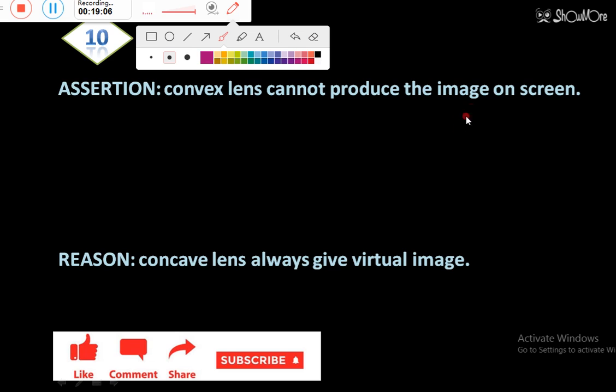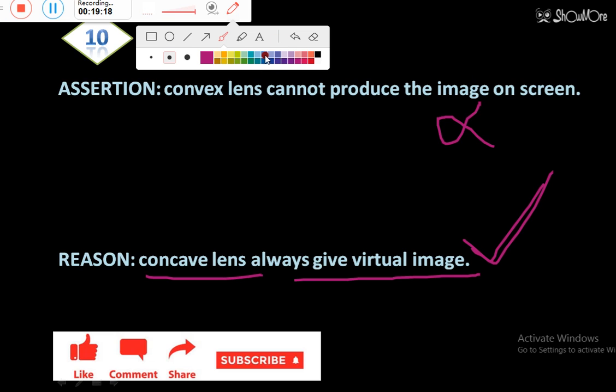So this is false. The reason is, concave lens always gives virtual image. This is right. Now see, is there any connection between these two? Firstly, the assertion is wrong, so obviously options A and B are not possible. So here assertion is false and reason is true. So option number D will be the right answer for question number 10.